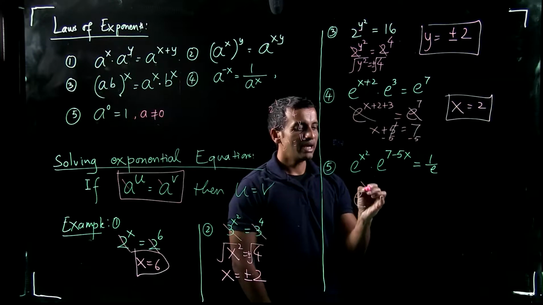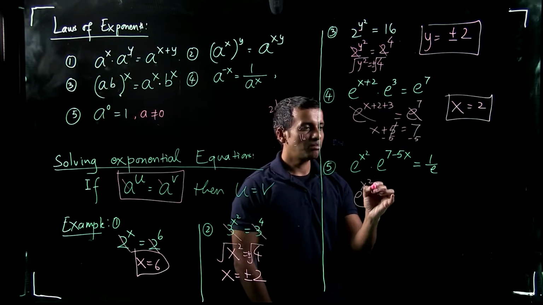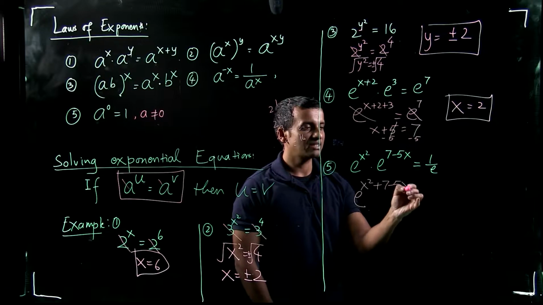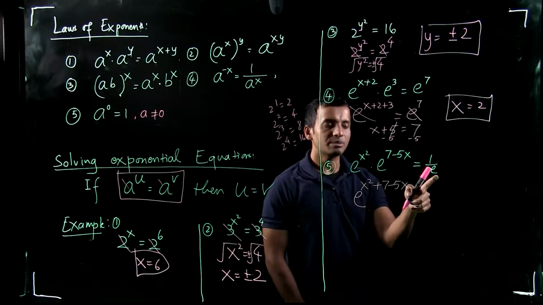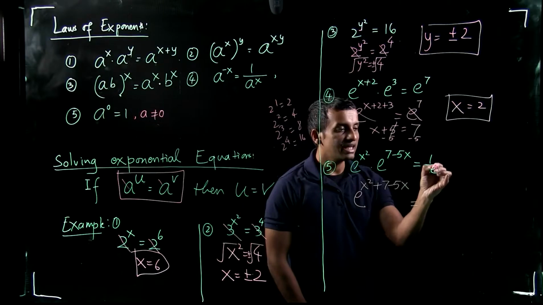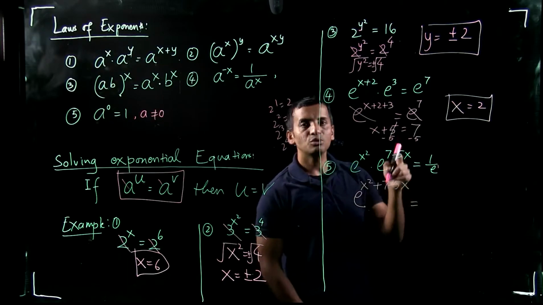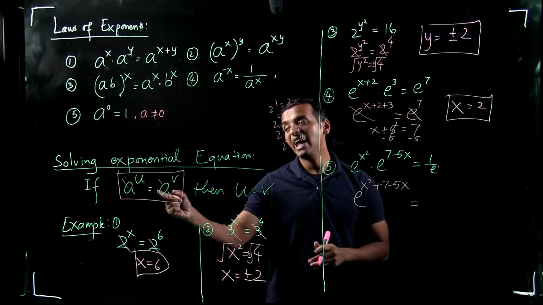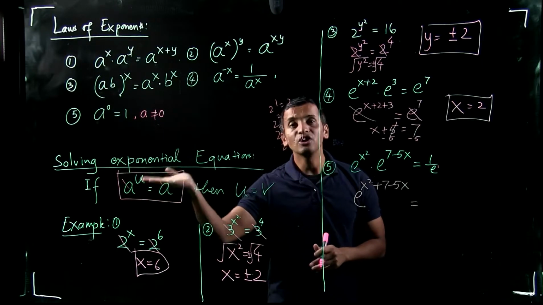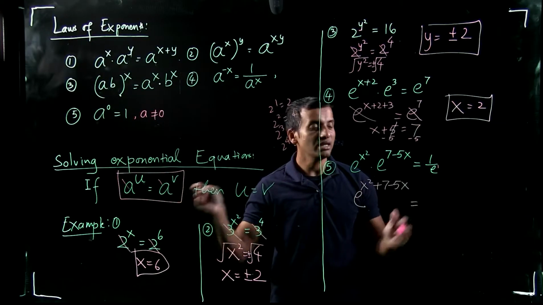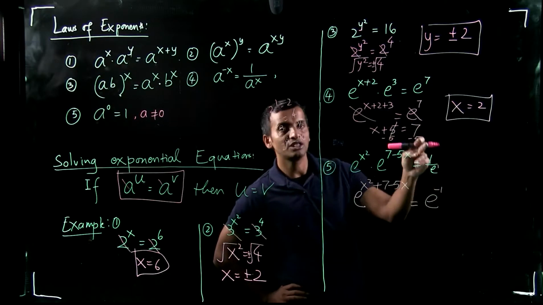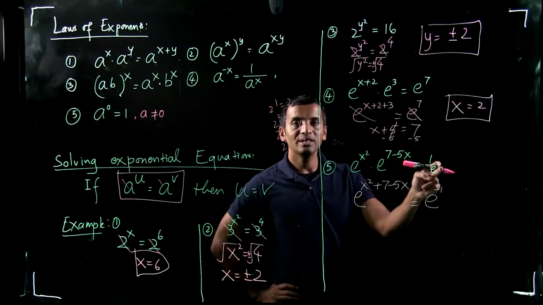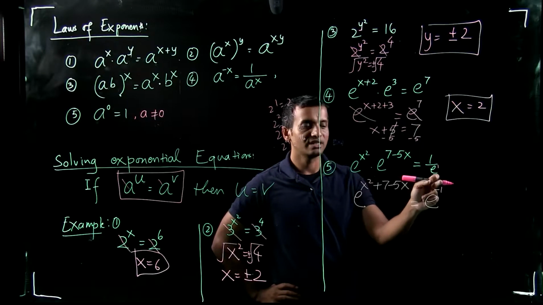So e to the x squared plus 7 minus 5x equals, since this e is in the bottom, there is like e to the 1, and you want to move this to the top to compare. See, both of them should be on the top, not in the denominator, right? So you want to get that as e to the negative 1. When you move it to the top, that exponent 1 will change the sign.